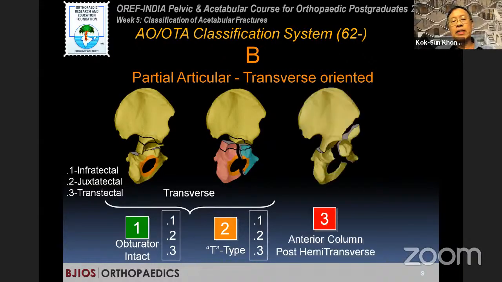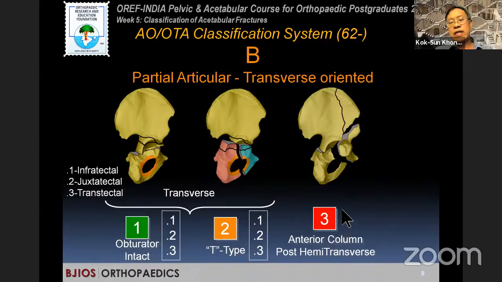Now a different one is the anterior column with a posterior hemitransverse. This is a variation of the anterior column alone. You have a horizontal, or rather in this case, actually a vertical fracture through the posterior column. So it's called the ACPHT.